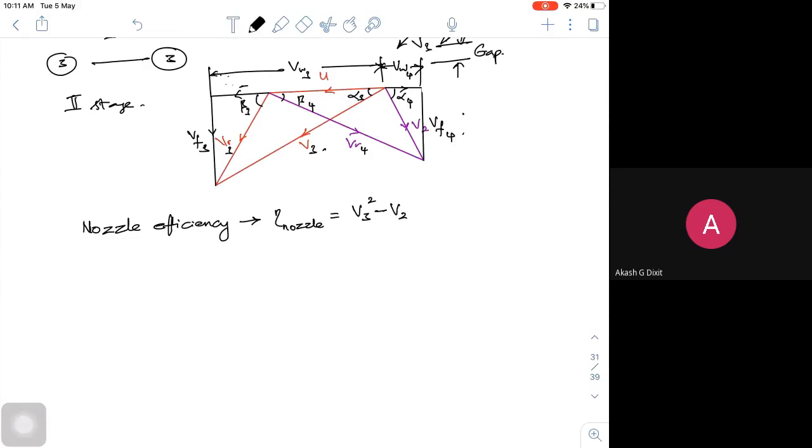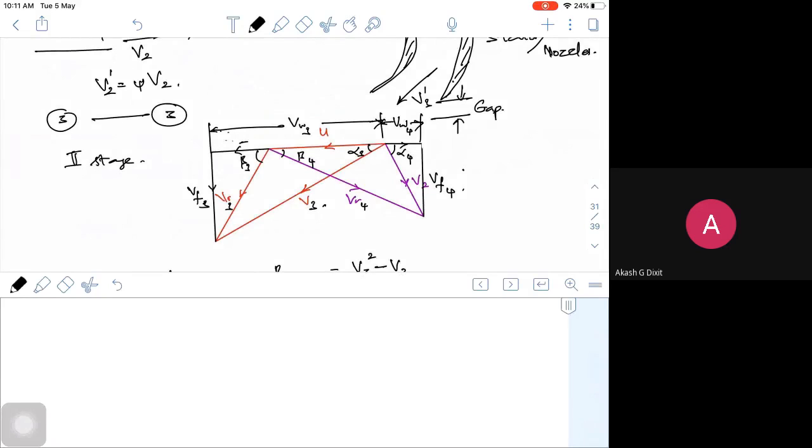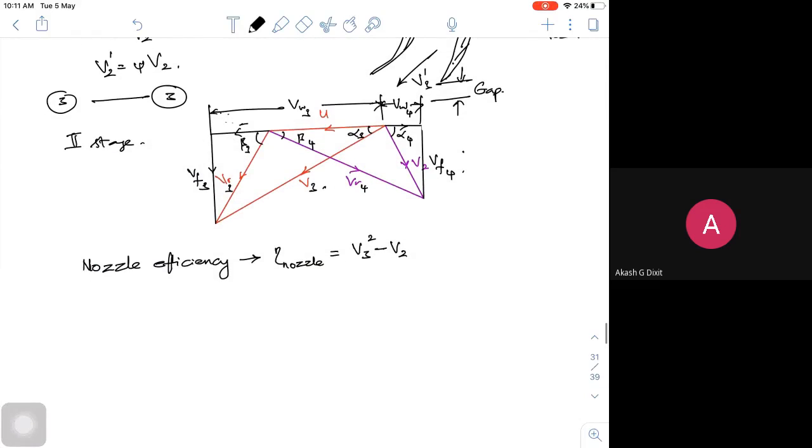V3 square is what it's going to come in with, and it is entering at some velocity V3 dash. With respect to V3 dash, if I call this the nozzle, and the corresponding V2 dash, divided by 2, divided by your enthalpy drop, that is the isentropic enthalpy drop in the nozzle.